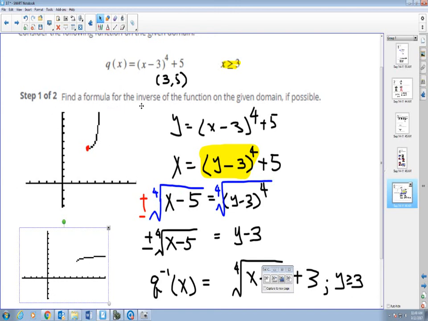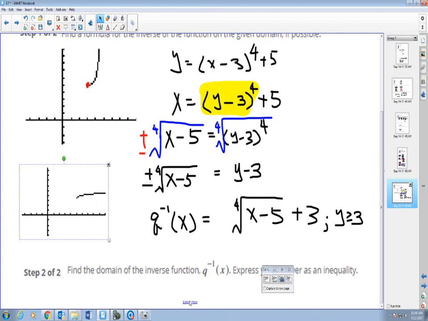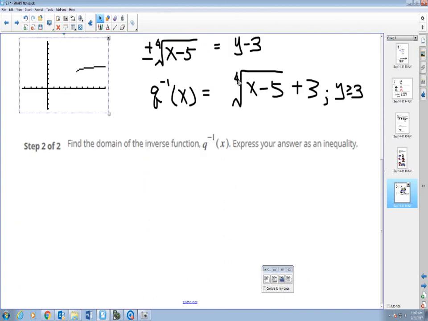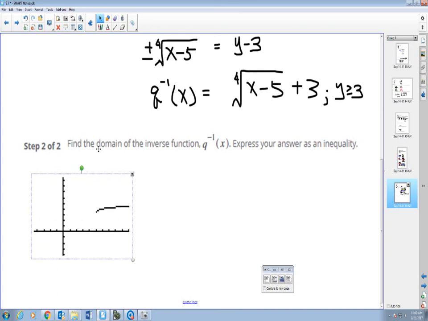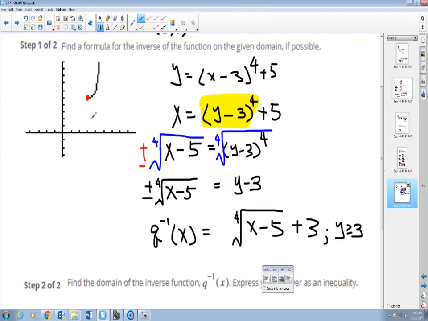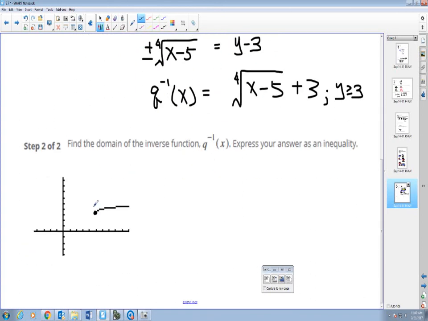So, find the formula for the inverse of the function on a given domain, if possible. Once I find this formula, now this is my inverse function. Now I gotta find the domain of my inverse function. If I interchange where I began, which was 3, 5, now this point got to say 5, 3.